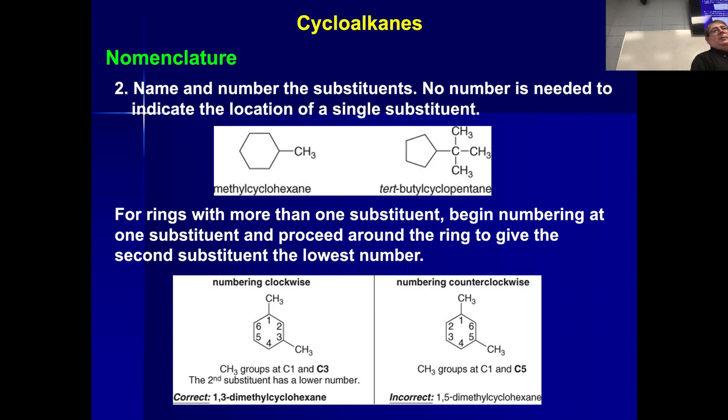Is that going to be the lowest possible numbering? Let's try this one, this numbering system. So that would give us 3-ethyl, 1,1,4-trimethyl cyclohexane. It can get complicated, can't it?